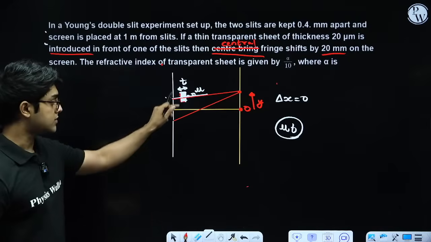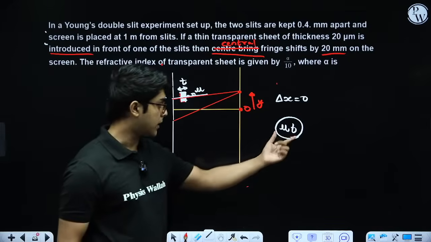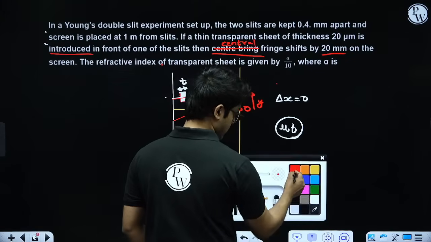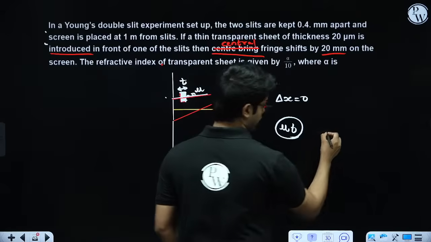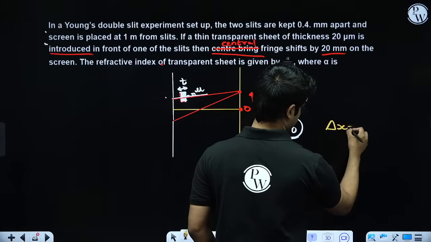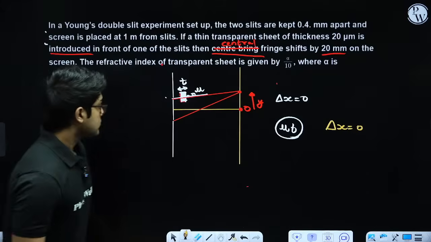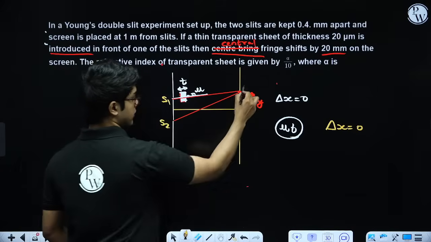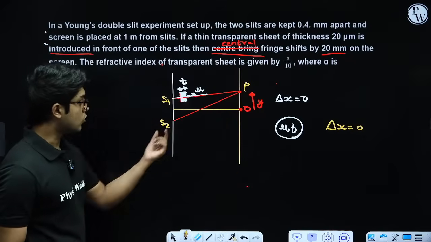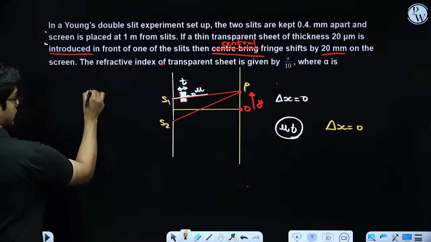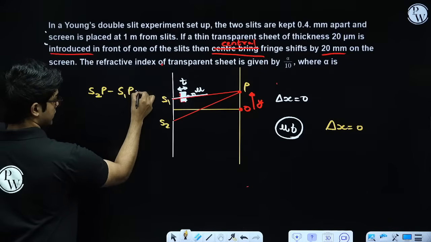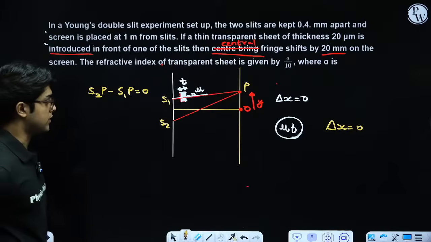It introduces an extra optical path length, and hence ultimately what we have to do is delta x equal to 0. So let's just say this point is S1, this slit is S2, and this point is P. So the optical path S2P minus the optical path S1P should be 0 for the central fringe.